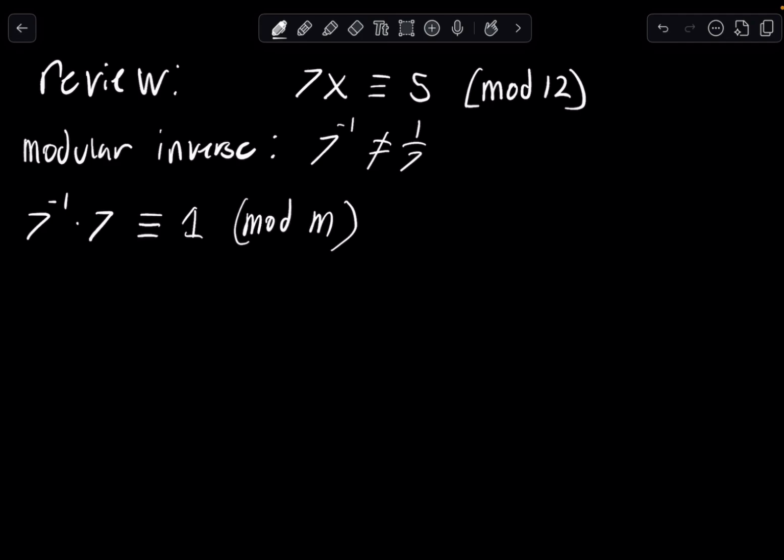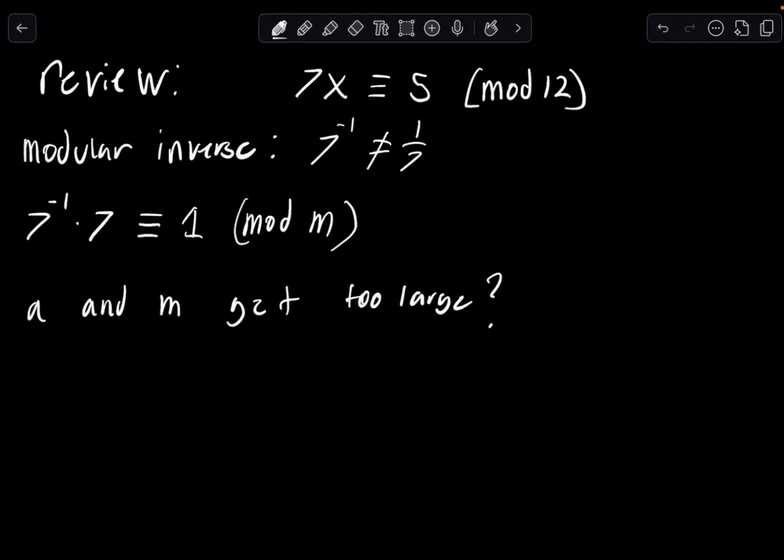So we discussed how to find that modular inverse, and remember, for small numbers, you can just guess and check and start trying different multiples of a against multiples of m. But what do we do when these numbers a and m get too large to be able to do this?